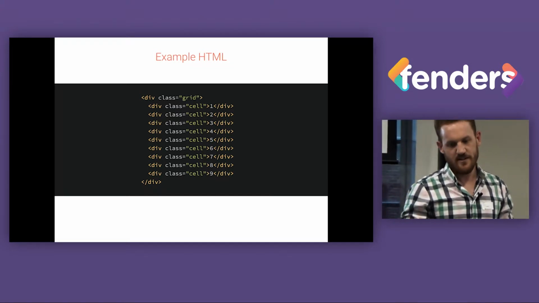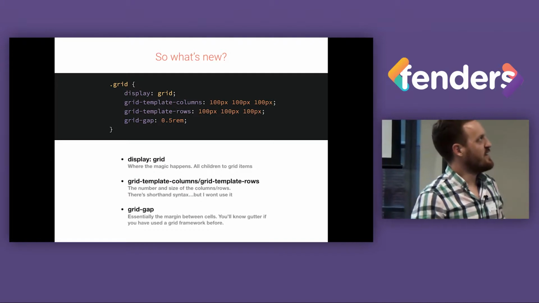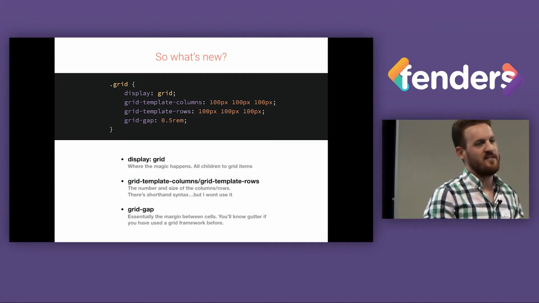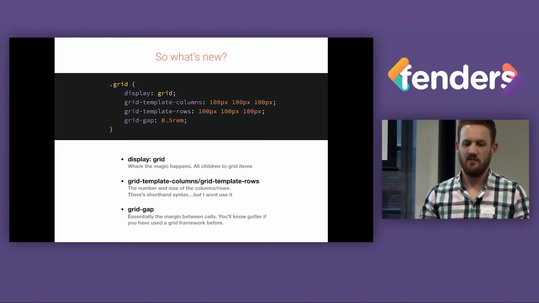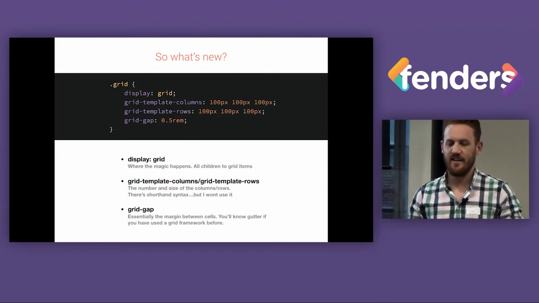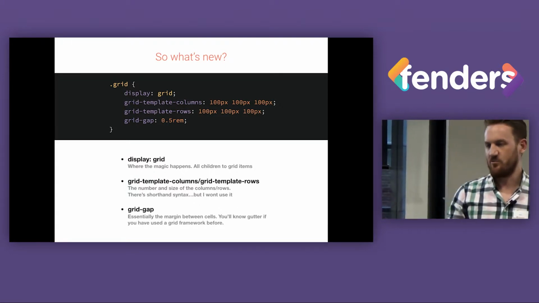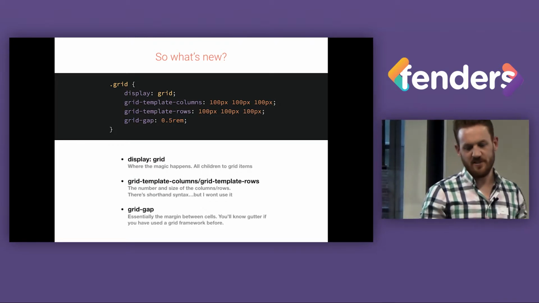Okay, so let's go back to the example that I had at the start. The new one is display grid. So if we're all familiar with Flex, it works in the same way. When you put display grid, everything that's a child of that container becomes a grid item. Okay, and then the next ones there are grid template columns and rows.